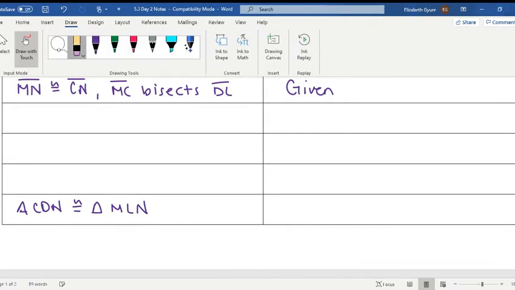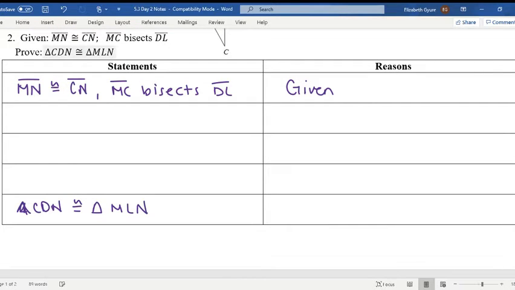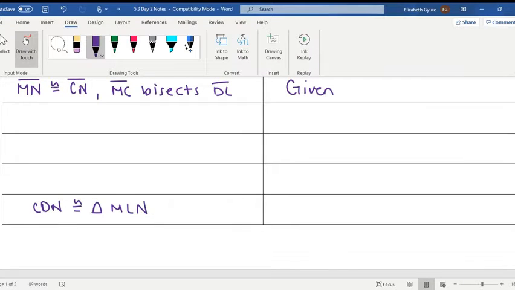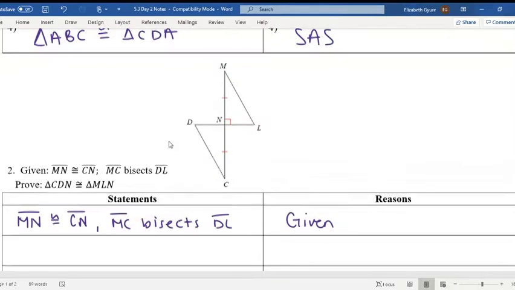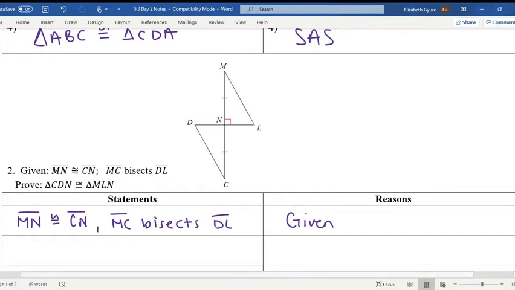And remember, our last step is always one of those theorems. So we have to decide which one works. Side, side, side, side, angle, side, hypotenuse, leg, angle, side, angle, angle, angle, side. So let's look at our picture. What freebies are we given? What do we already know that we don't have to worry about?